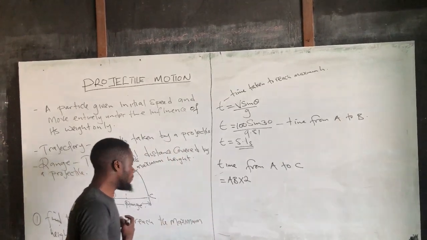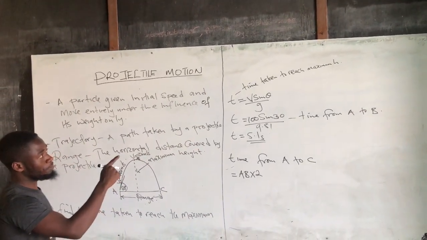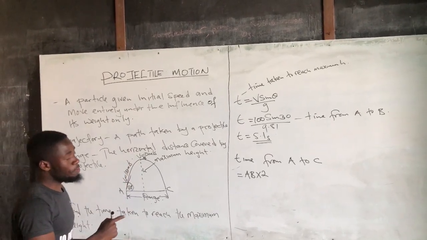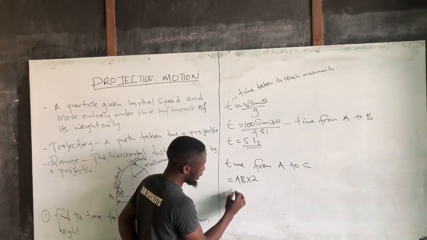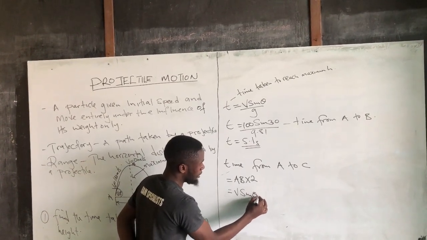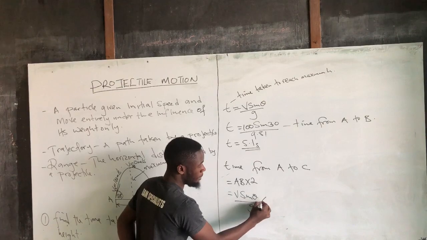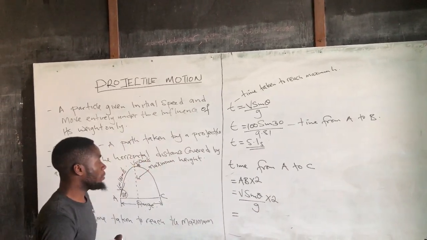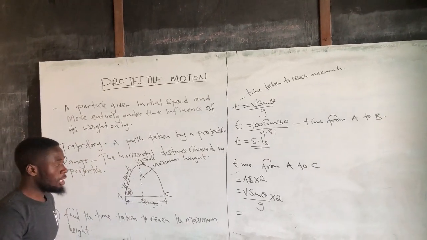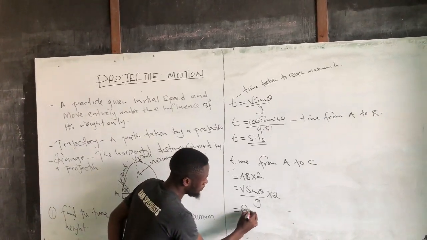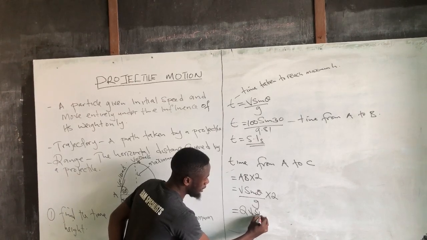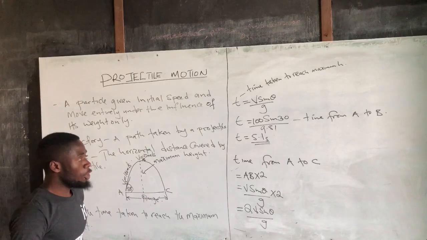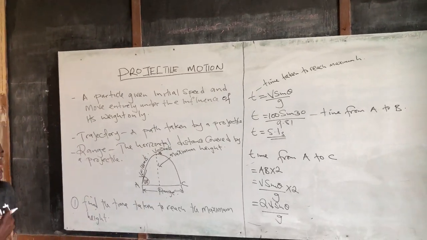So how can we make the formula here? If the time taken to reach the maximum height equals V sine theta over g, then AB is V sine theta over g, multiplied by 2. So the formula for the total time taken for the entire journey is 2 V initial sine theta over g.